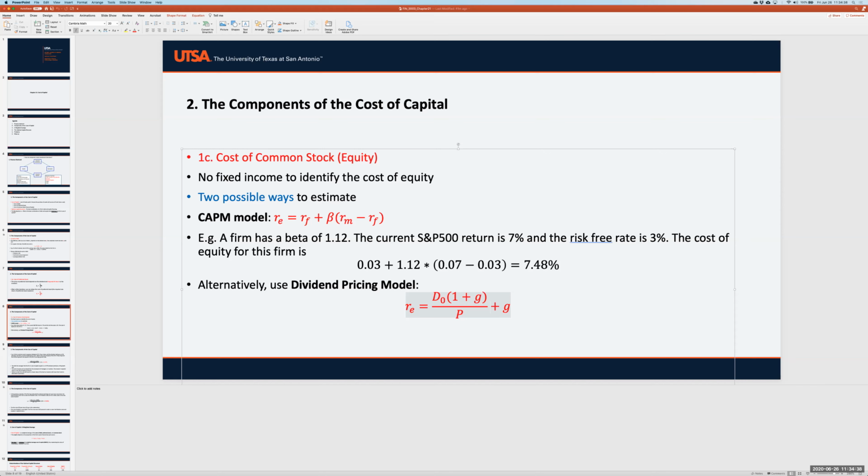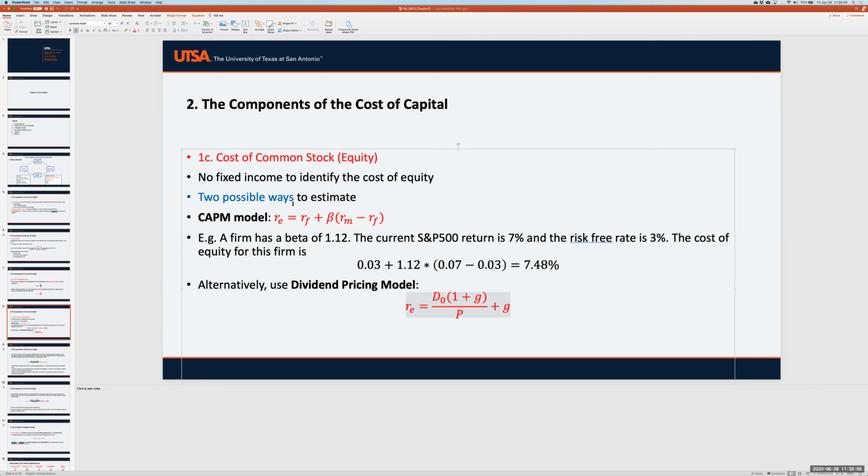So for example, a firm has a beta of 1.12, and the current S&P 500 return, RM, is 7%, RF is 3%. The cost of equity is simply 3% plus beta multiplied by the difference between RM and RF. You get 7.48% for the cost of common stock by using the capital asset pricing model.